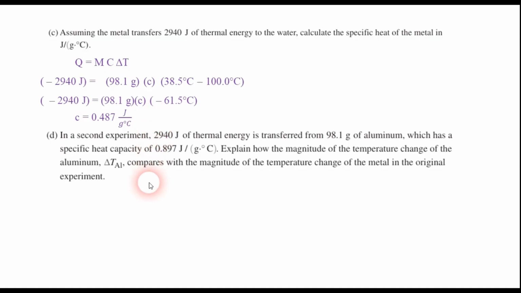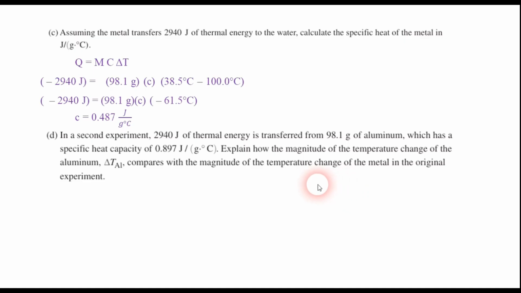In part D, it says we have a second experiment where 2,940 joules of thermal energy is transferred from 98.1 grams of aluminum, which has a specific heat capacity of 0.897 joules per gram degree Celsius. Explain how the magnitude of the temperature change of the aluminum compares with the magnitude of the temperature change of the metal in the original experiment.